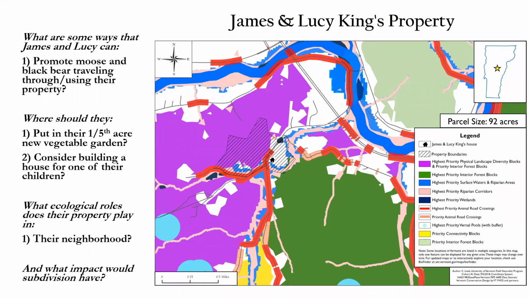And of course, the white hatched area doesn't have the ecological values, and so that's where you put the kids' house, probably near there. Yeah, that's an excellent point, and a good reminder that there might be multiple reasons to put something somewhere. From a VCD perspective, it might make sense, but also it just might make sense because you don't want to try to keep deer out of the garden. So great point. Amen.